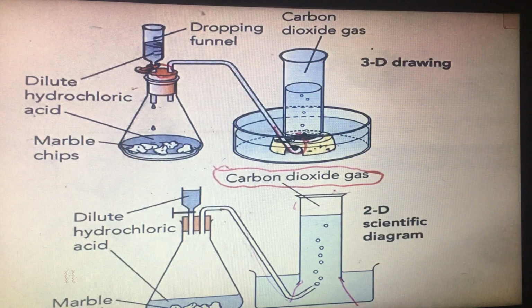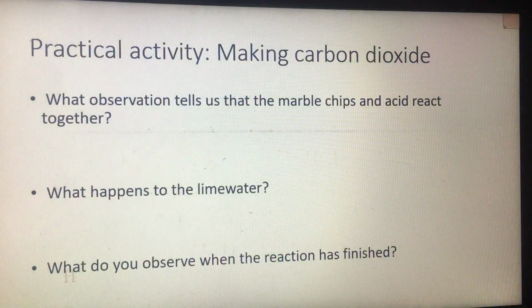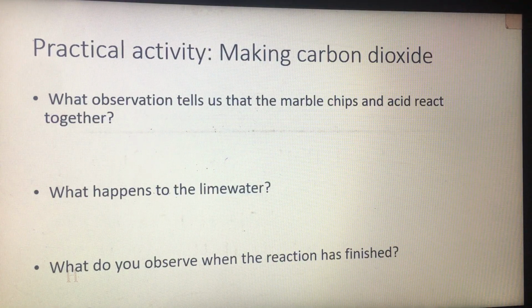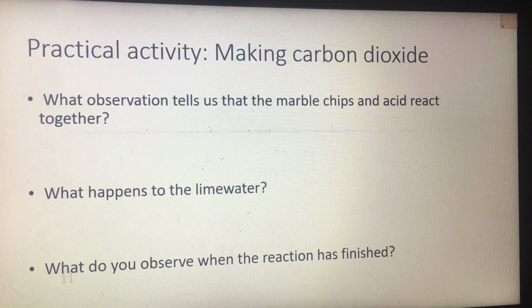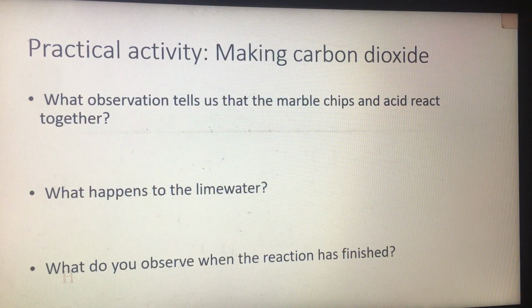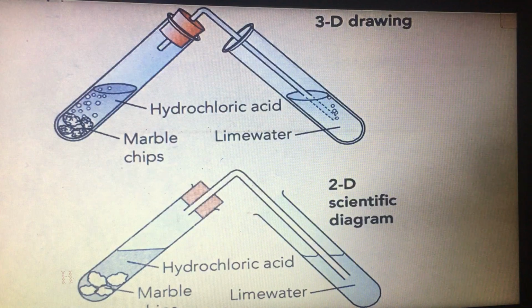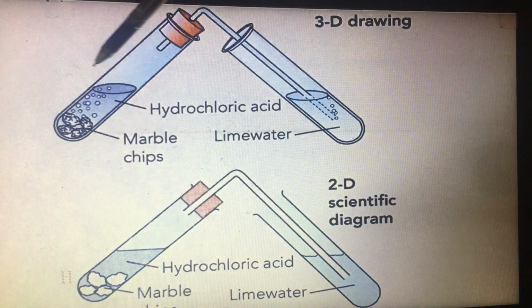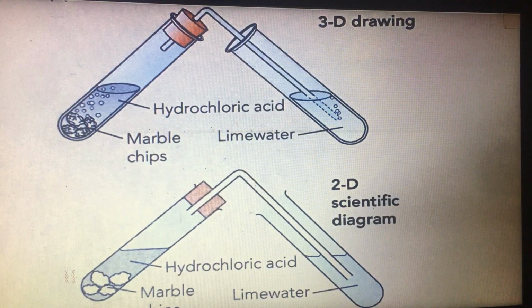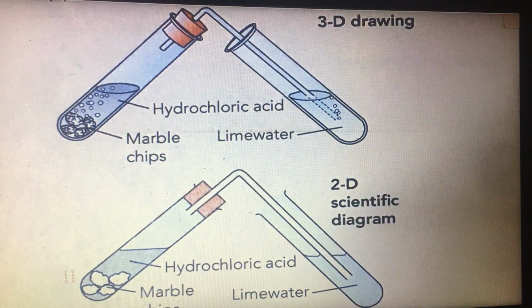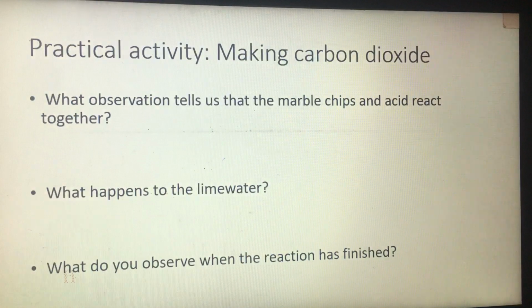Okay, now we have some questions about this practical activity. What observation tells us that the marble chips and acid react together? When they react, carbon dioxide bubbles will be formed. So the observation is that bubbles are formed.